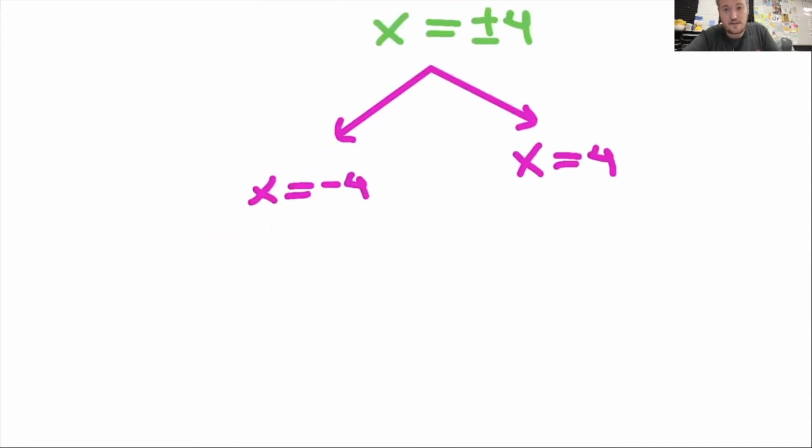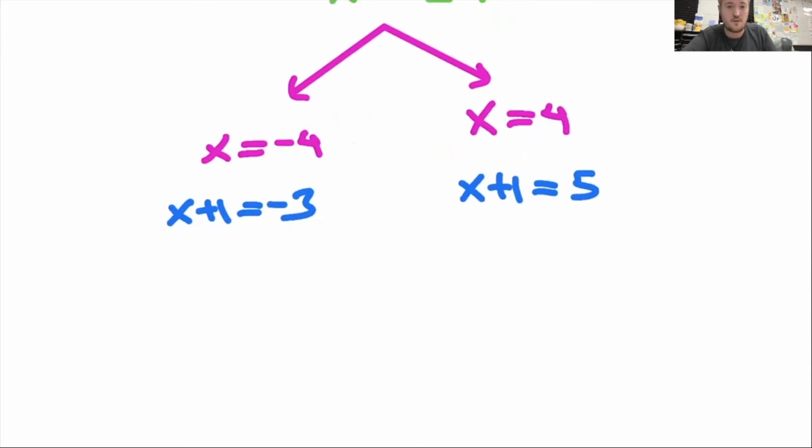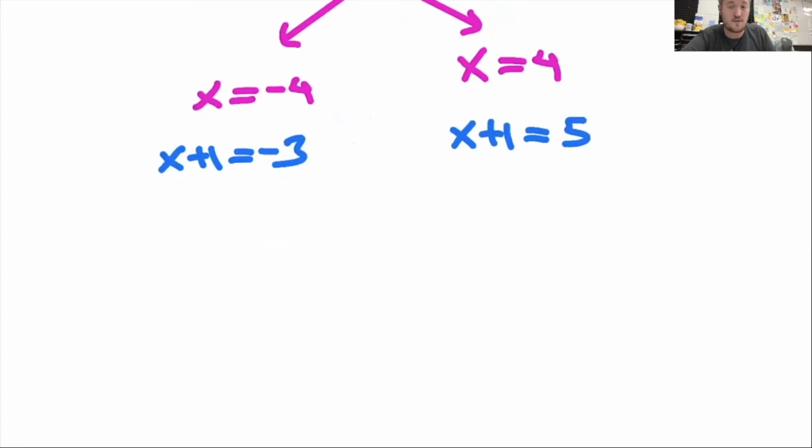So I need to find the consecutive integer. So I'm going to do plus 1, which is negative 3, and plus 1, which is 5. So we have negative 4 and negative 3, and 4 and 5. That would satisfy both of these values, or the scenario here.